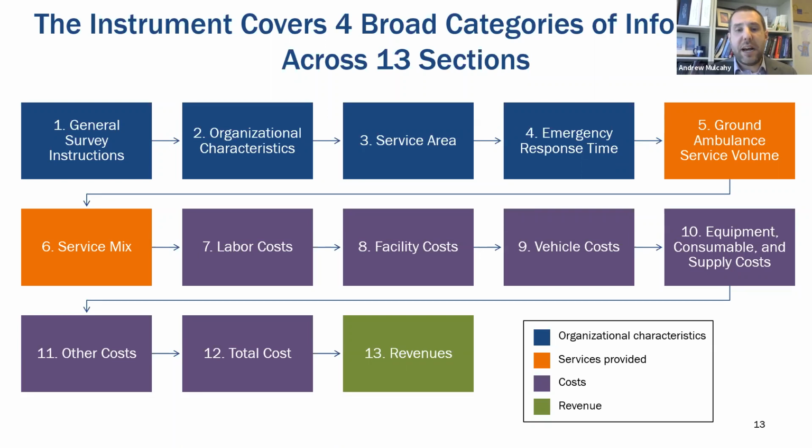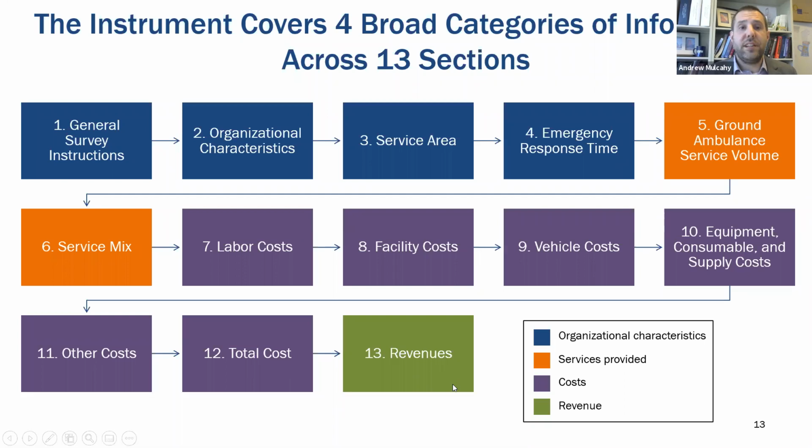There are some checks and balances you can think about in the broader GADCS in this instrument. When you get through at the end of putting all your information in for sections 7 through 12, the numbers you put in should tally up to what you think of as your total expenses at the end of the day for accounting purposes.